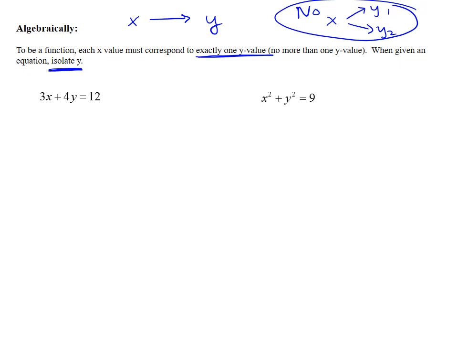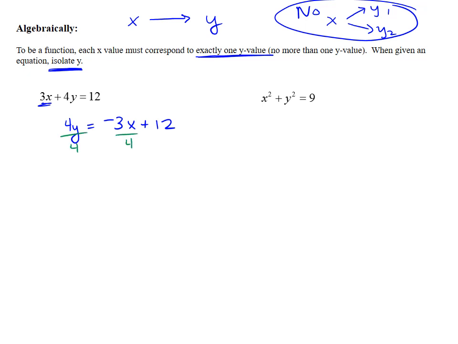So with an equation, the trick to see what you've got is to isolate y using standard algebra rules. So 3x + 4y = 12 is our first equation. Let's see what happens when we isolate y. First move the 3x over. It's tradition in mathematics, when you're writing sides of equations, to put the variable before the constant. Now we want to divide out the 4.